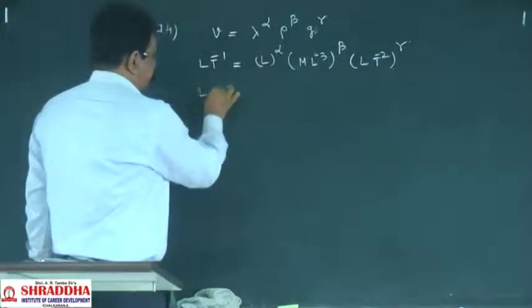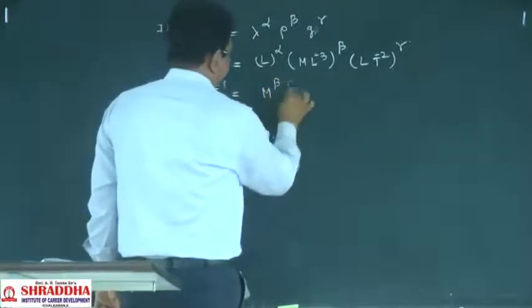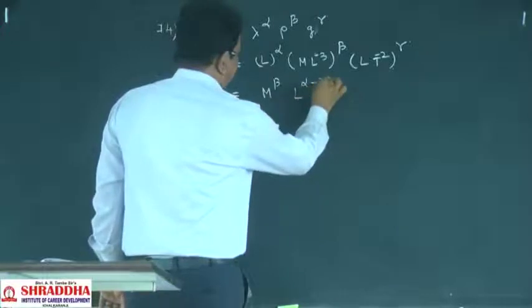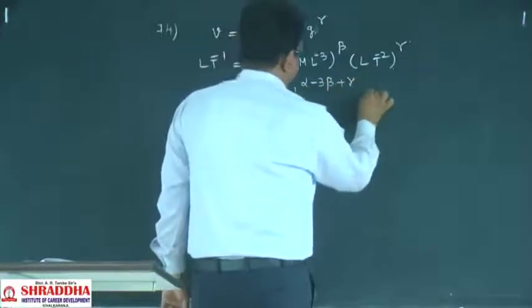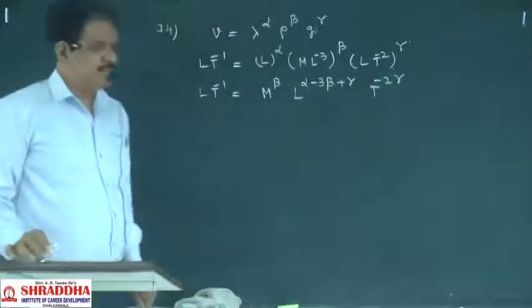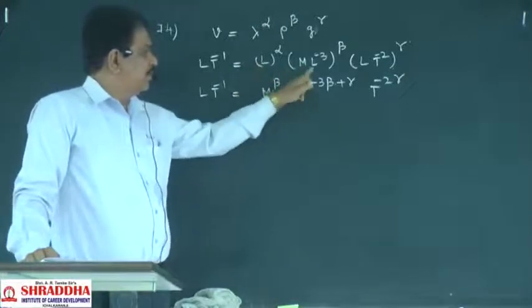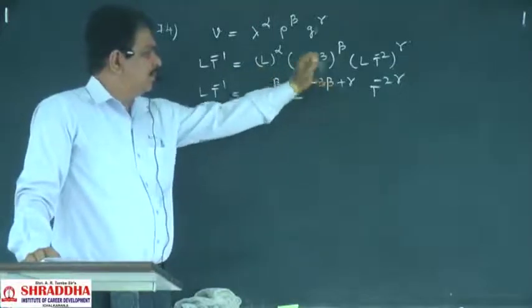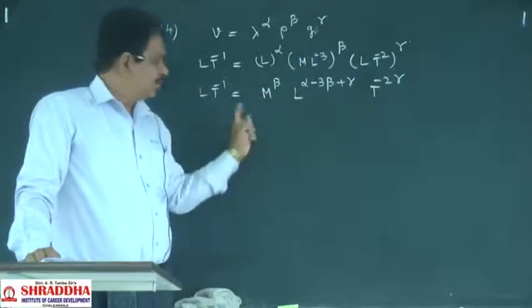So, LT power minus 1 equals M power beta, L power alpha minus 3 beta plus gamma, T power minus 2 gamma.